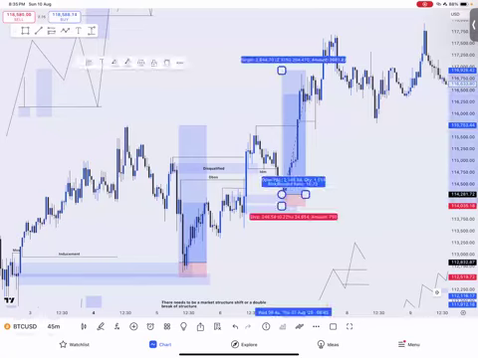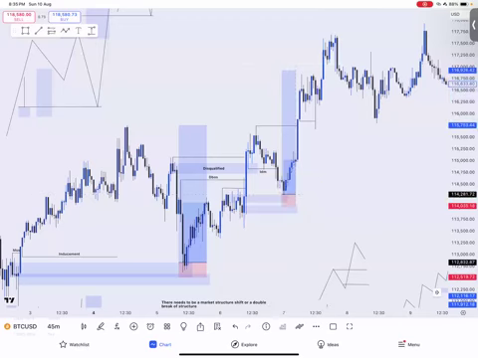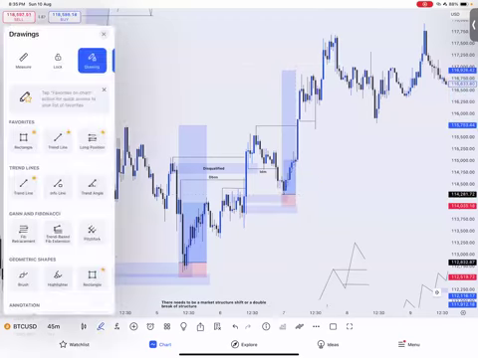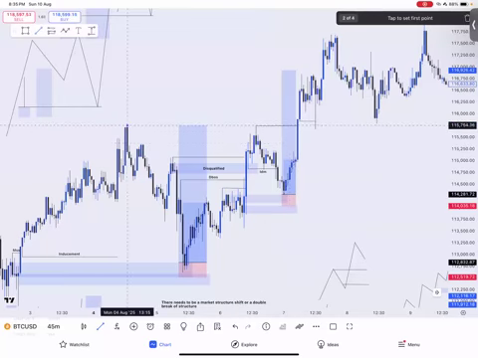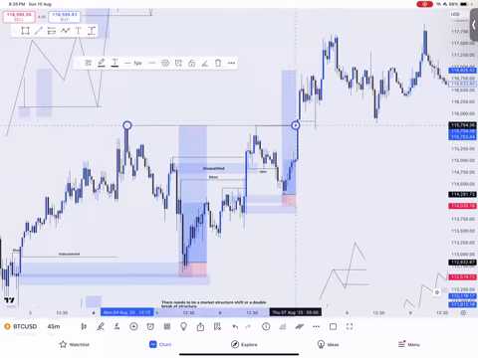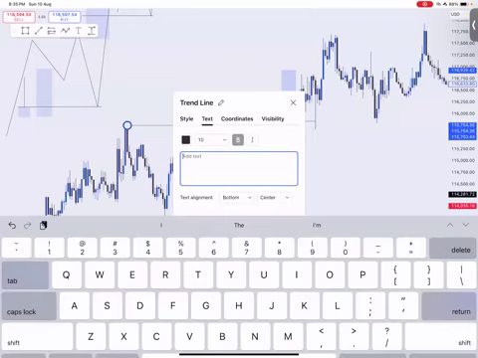So now, the moment price took out this high plus this former resistance level here, we got another double break of structure.